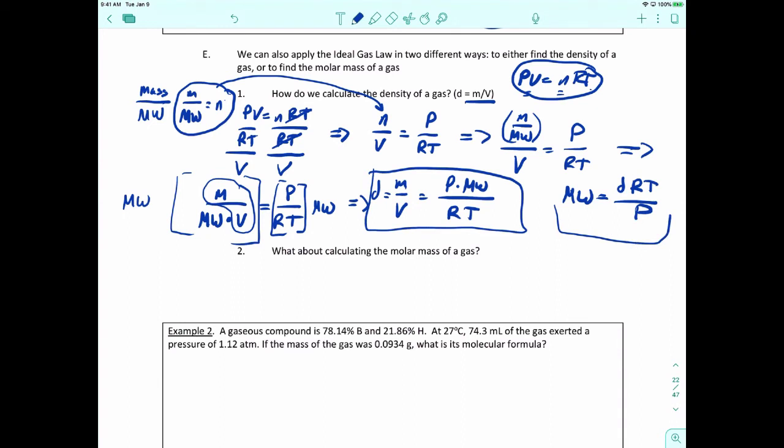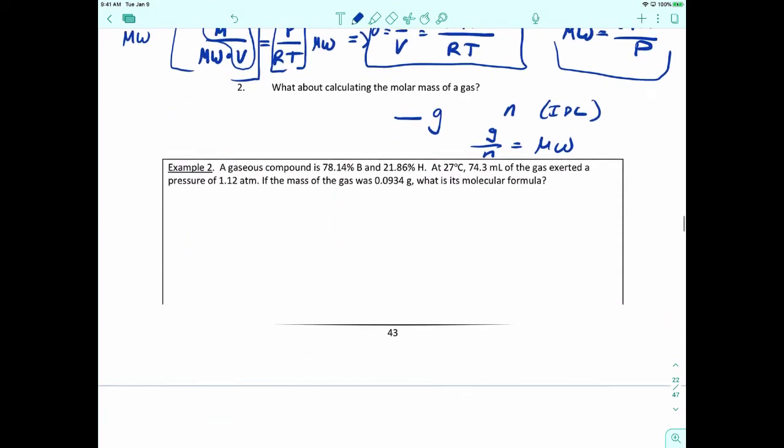Now, sometimes it's a lot easier to get N from the ideal gas law. And then once you have the number of moles, you hopefully would know the number of grams from the equation or the problem that you've got. You would just take the number of grams divided by N, and that's going to give you the molecular weight as well. All right, so that being said, let's try another problem out.